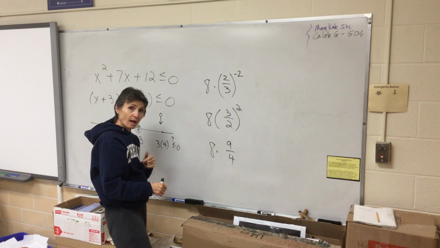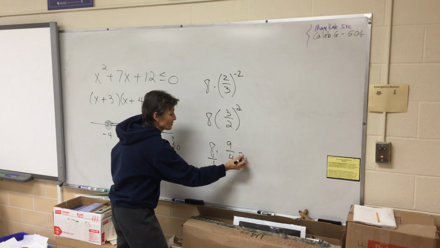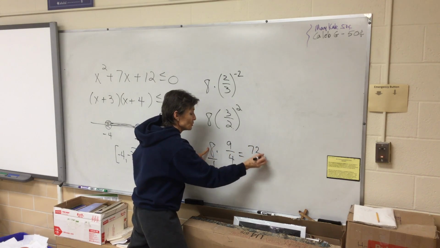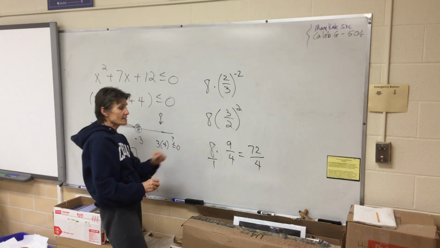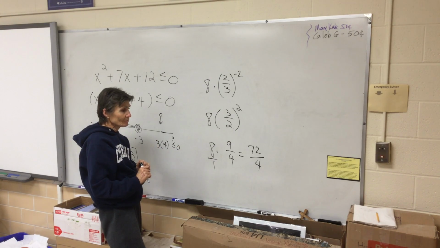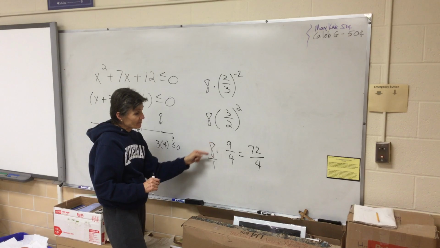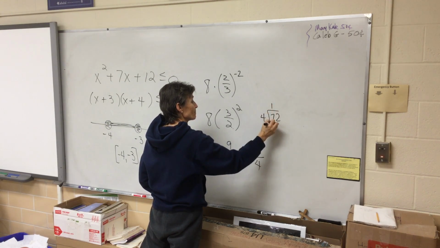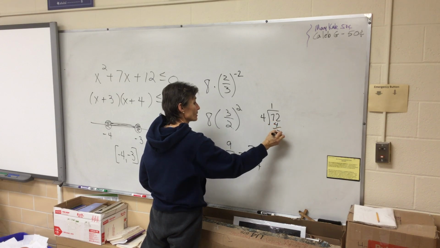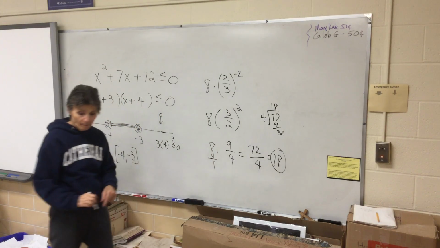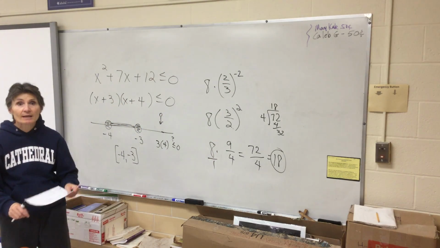Now I'm multiplying, so I need to think of this as 8 over 1. So I get 72 over 4. Some of you might prefer cross cancel, and that's fine. Straight across gives me 72 over 4, and that reduces to 18. So the answer to the problem is 18.